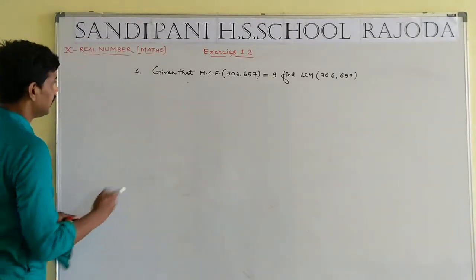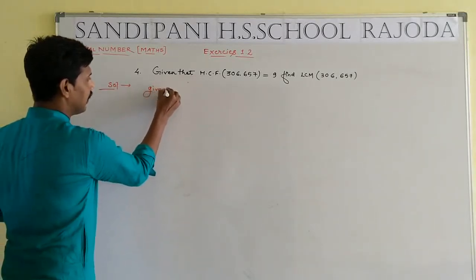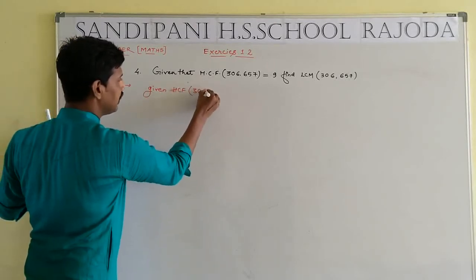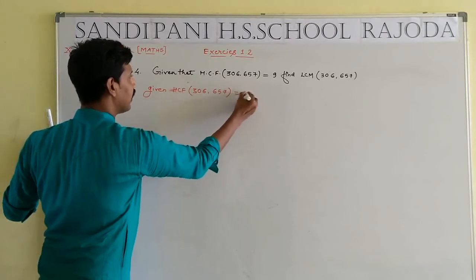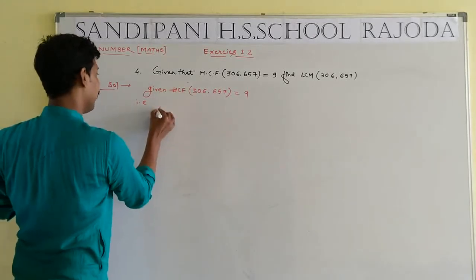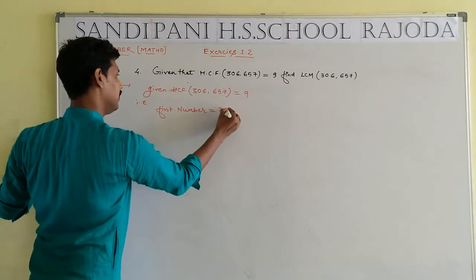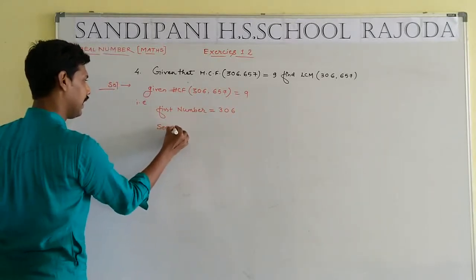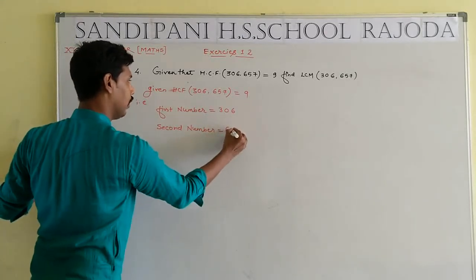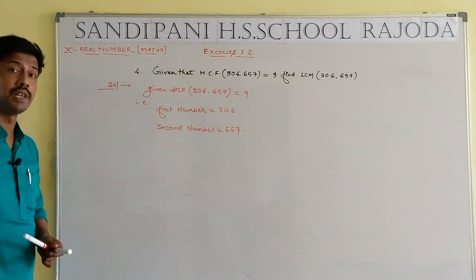So students, we have the solution. Given HCF of the numbers 306 and 657 is 9, such that we can write first number is 306 and second number is 657, by the use of the application of Euclid division lemma.